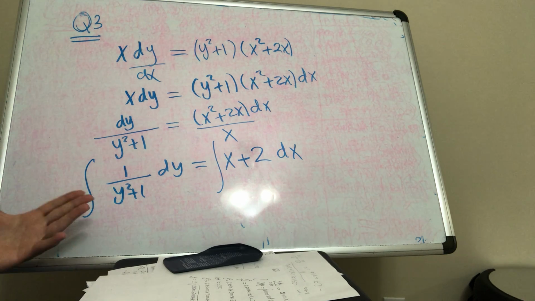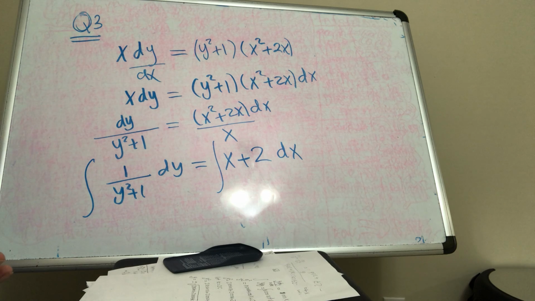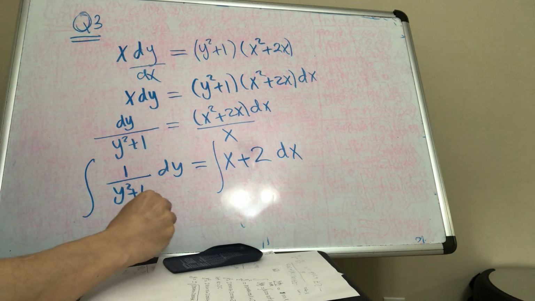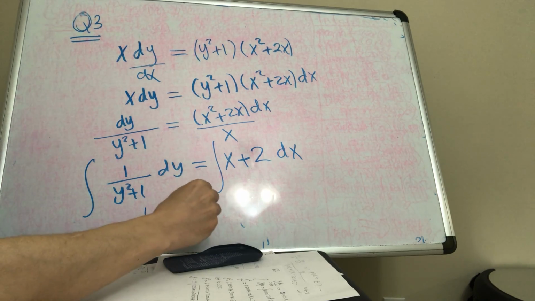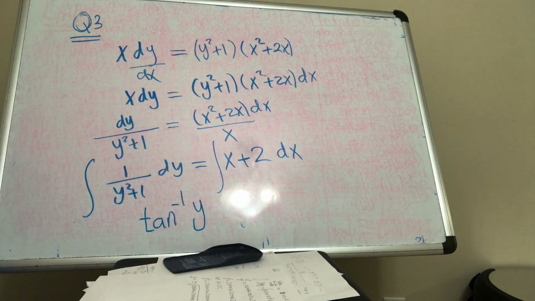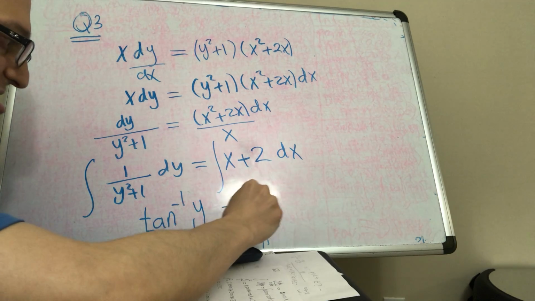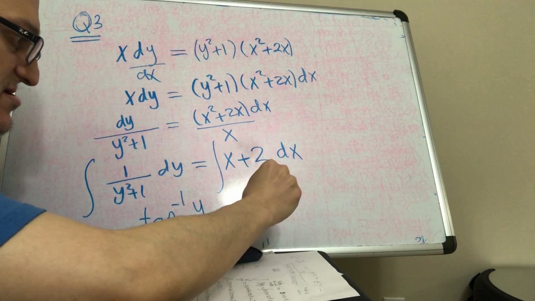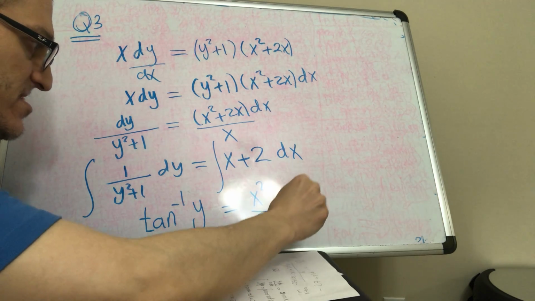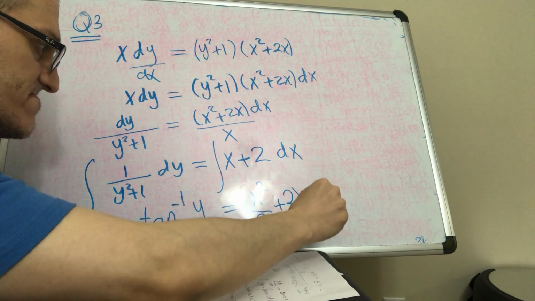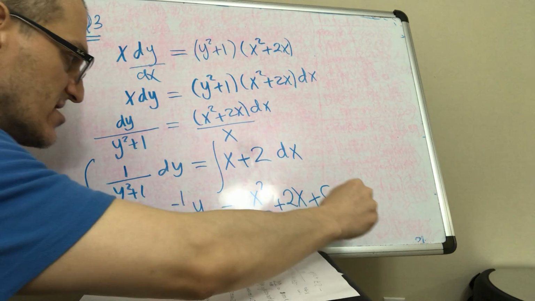I gave you the one with the derivative, you probably still have it, but the integral of this is tan inverse of y. And the integral of this is x squared over 2 plus 2x plus c.